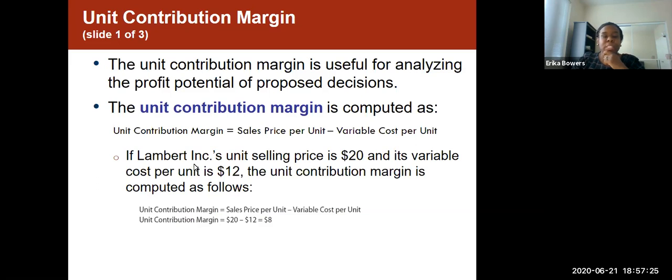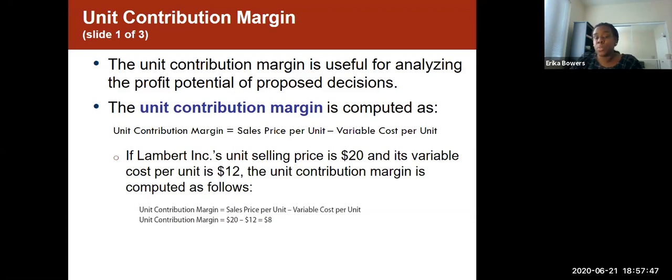The other piece is the unit contribution margin, and this tells us how much of your selling price goes against eating away at your fixed cost. The way we calculate this is sales price per unit minus variable cost per unit gives you unit contribution margin.